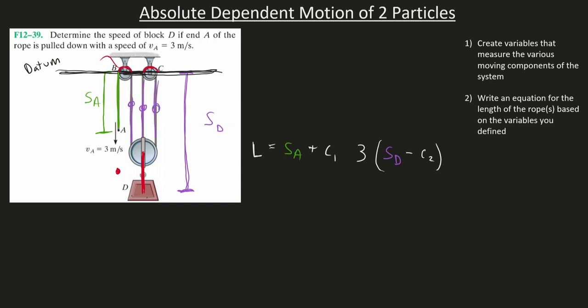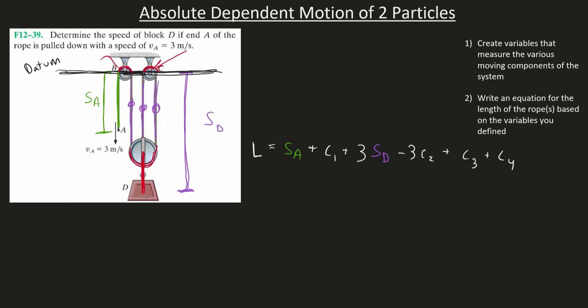Well, really the only other two things I have are this constant right here, which I'll call C3, and this last constant right here, which I'll call C4. So this equation right here gives me the complete length of this rope, L, the length. And just to make things a little simpler, I'll distribute this 3 in here.